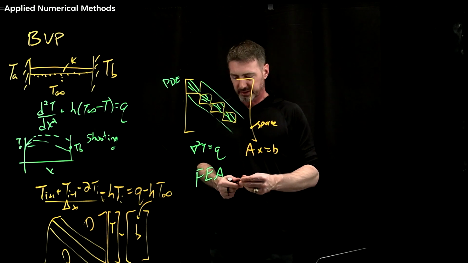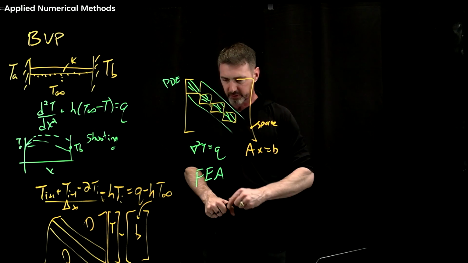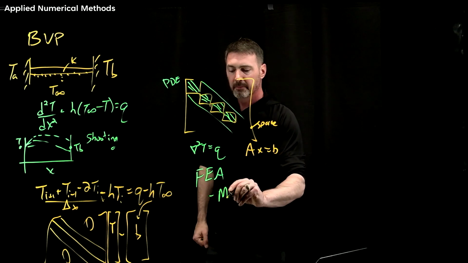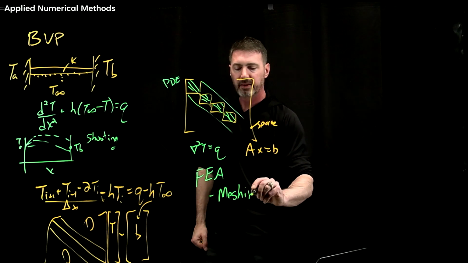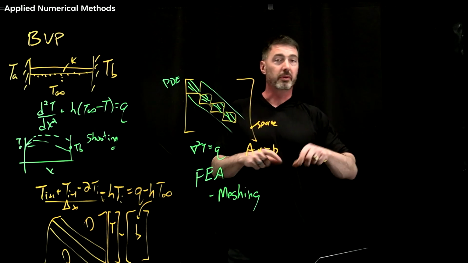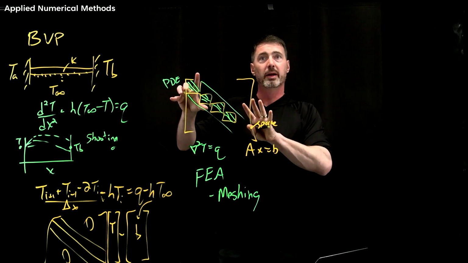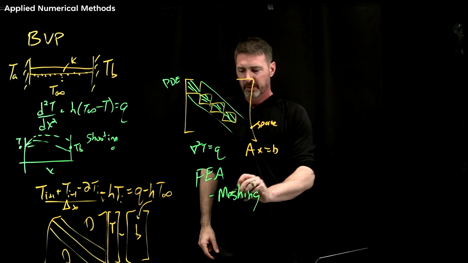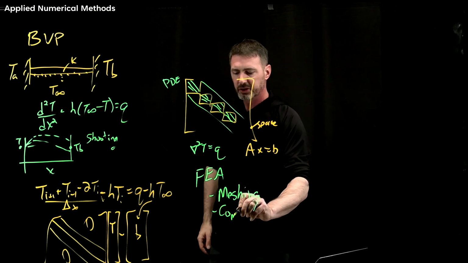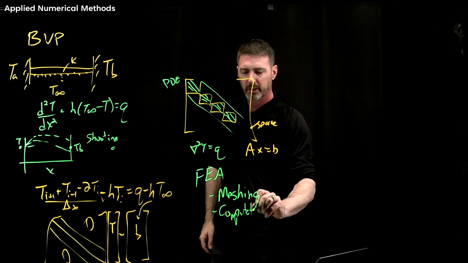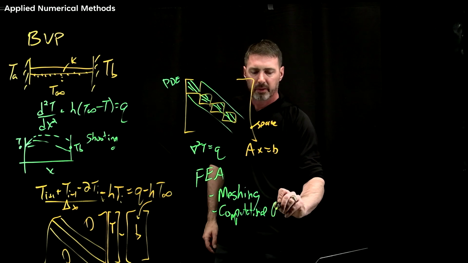Any of this discretization, again, you get into meshing, okay, which is discretizing that domain into whether it's triangles or squares in order to solve your differential equation. And there's a whole lot of computational geometry, okay, that goes into this.